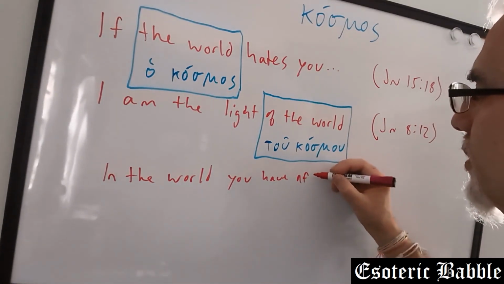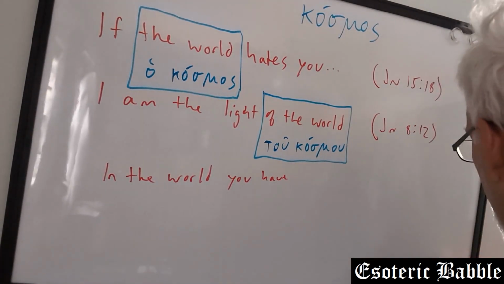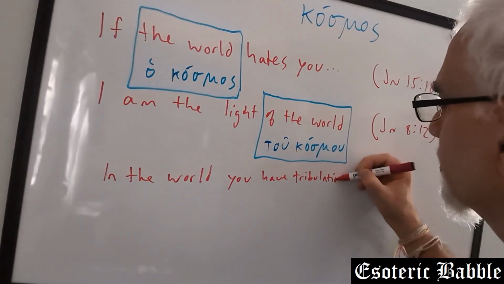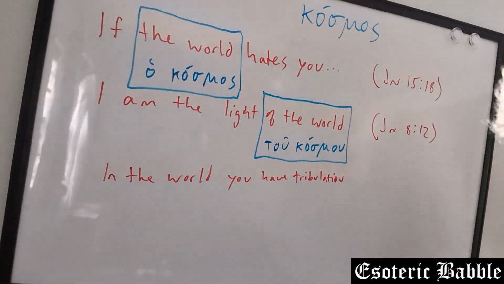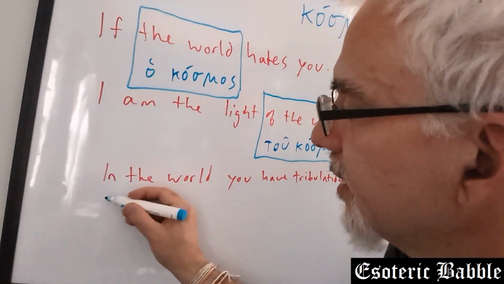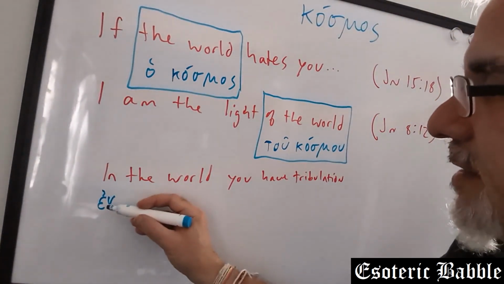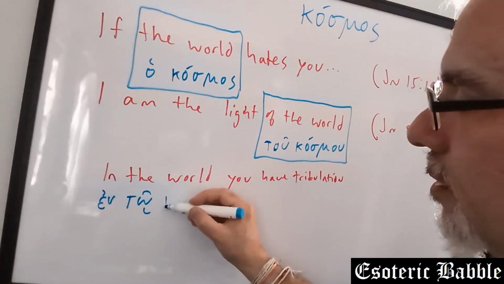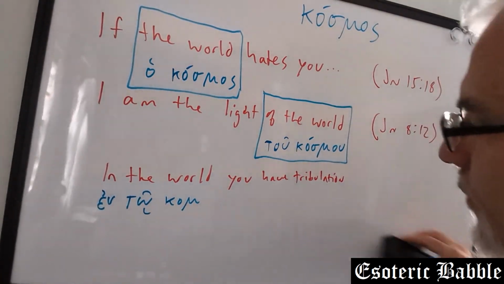I like affliction. I'm not sure. Well, let's go with tribulation. I don't know that anyone can read my writing. You have tribulation. So now what we're concerned about is in the world. In this case, there is a preposition, and I'm going to go ahead and include it because it looks so similar. Instead of in, it's en. En to kosmo. If I could learn to write.